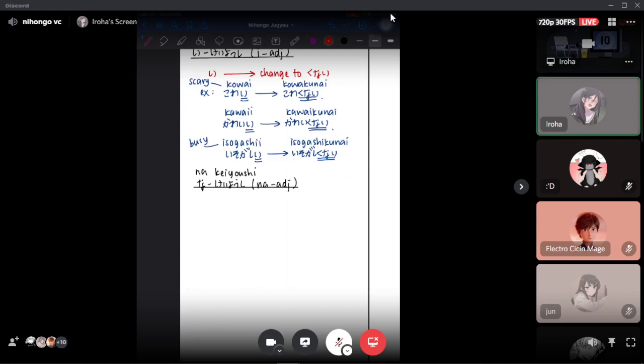For na adjectives, this is for words like, for example, kirei. Kirei is a na adjective where when you want to describe someone, you have to add the word na before the noun. So you'll say kirei na hito, kirei na sensei, kirei na onna no hito. This is the reason they are called na adjectives. You have to put na before the noun.